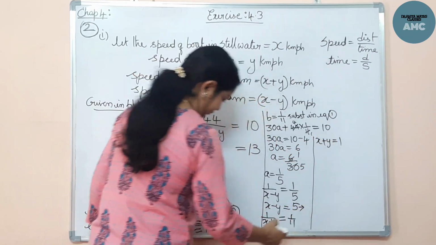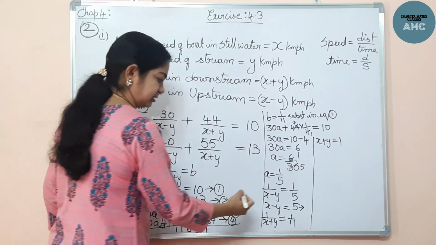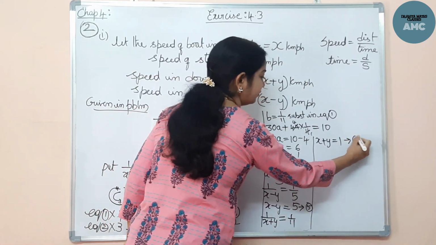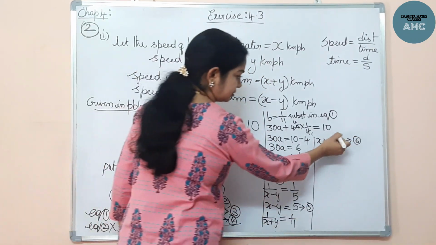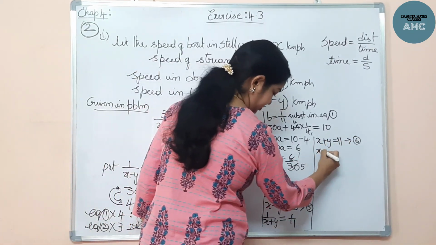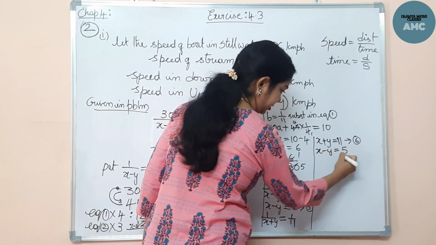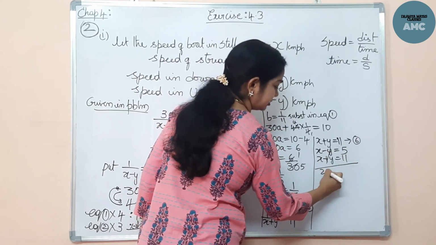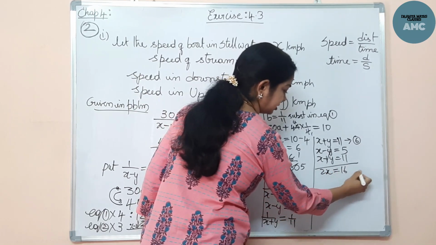We have already mentioned equations 3 and 4, so let these be equations 5 and 6. Now solving 5 and 6: x minus y equal to 5, x plus y equal to 11. So cancel it, 2x is equal to 16.